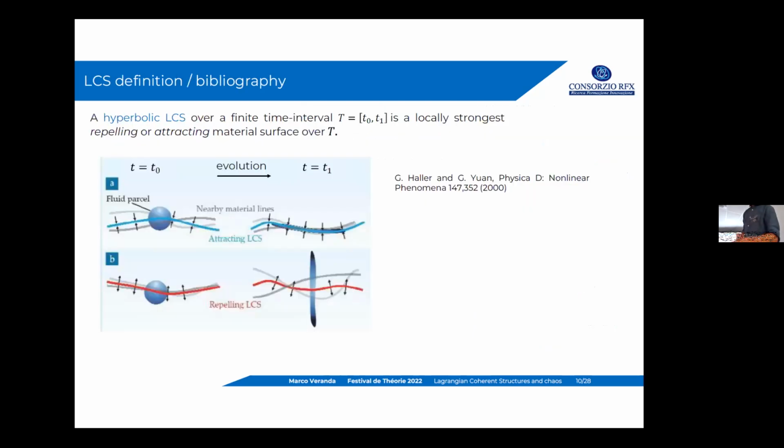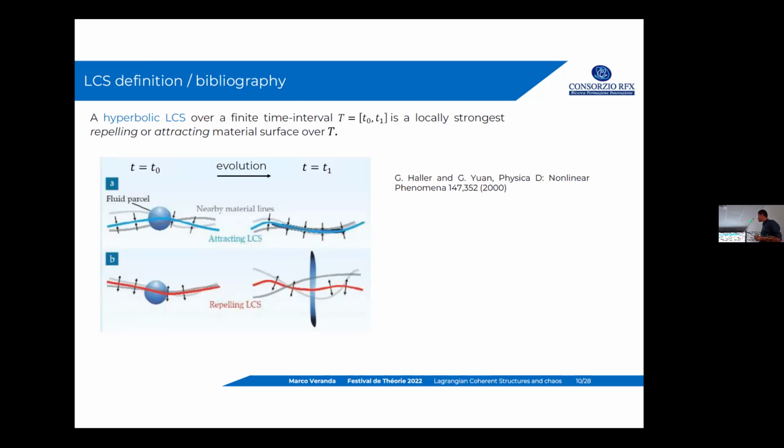A hyperbolic Lagrangian coherent structure over a finite time interval, this is important, over a finite time interval, is a locally strongest repelling or attractive material surface over that time interval. The fundamental work is by George Haller, who works in Zurich, from the year 2000.